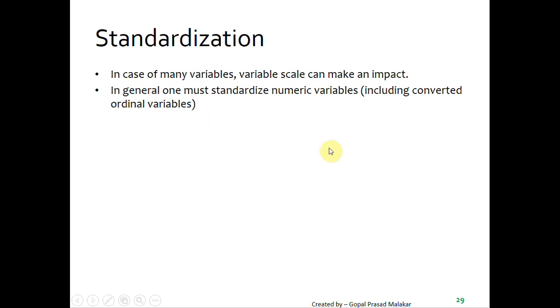In fact, ordinal variables are anywhere between 0 and 1, and if you are dealing with ordinal variables only, then you can leave them like that. However, if your data has ordinal plus numeric variables, in that case I recommend converting even the converted ordinal variables, which are on a scale of 0 to 1, to standardized format, so that all the variables are on a similar scale.